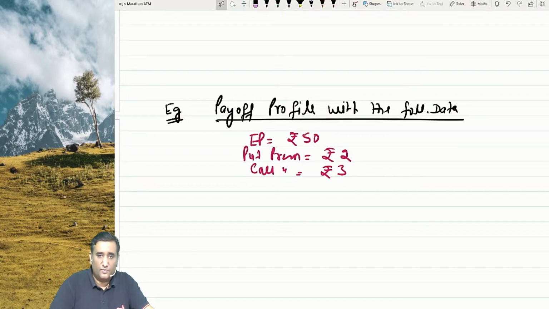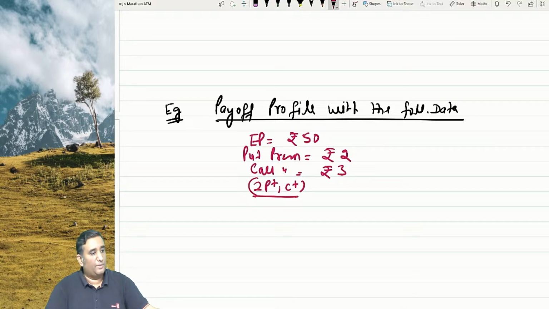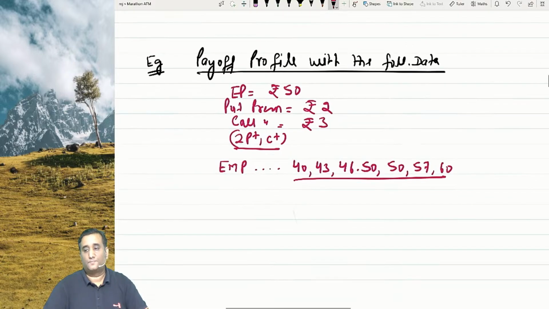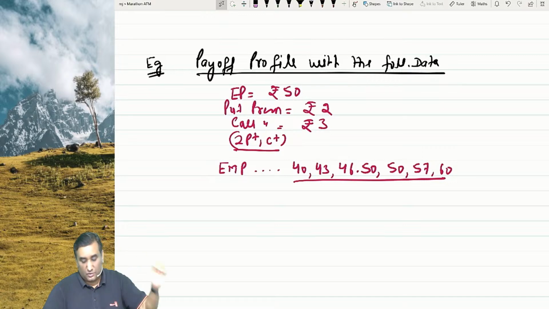Trader takes a strategy of 2P plus C plus. Expected market prices are 40, 43, 46.5, 50, 56.